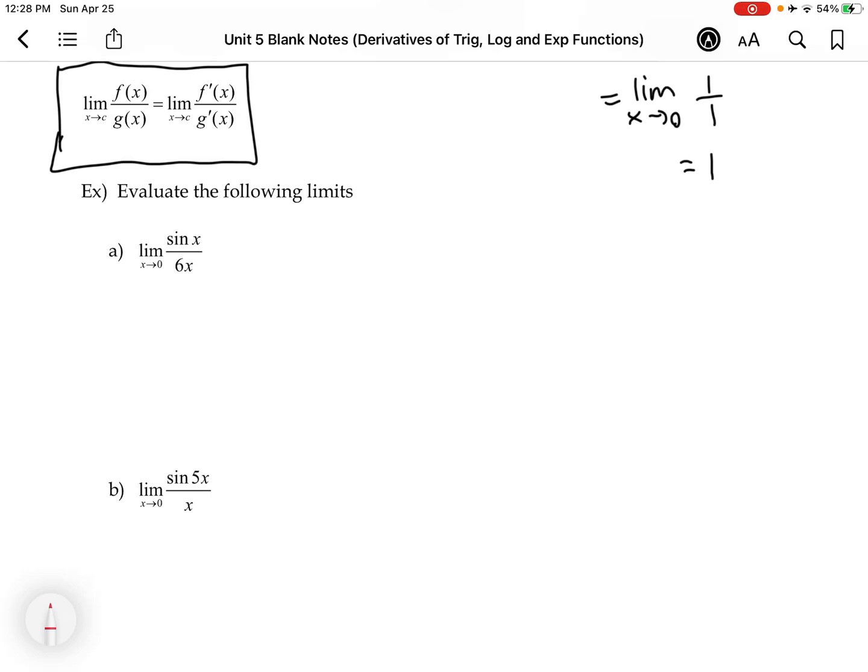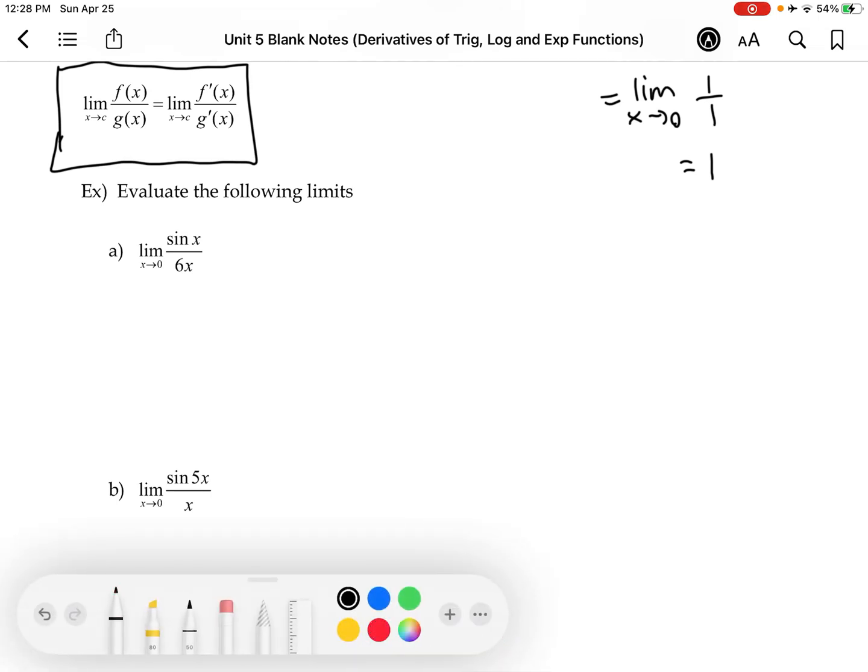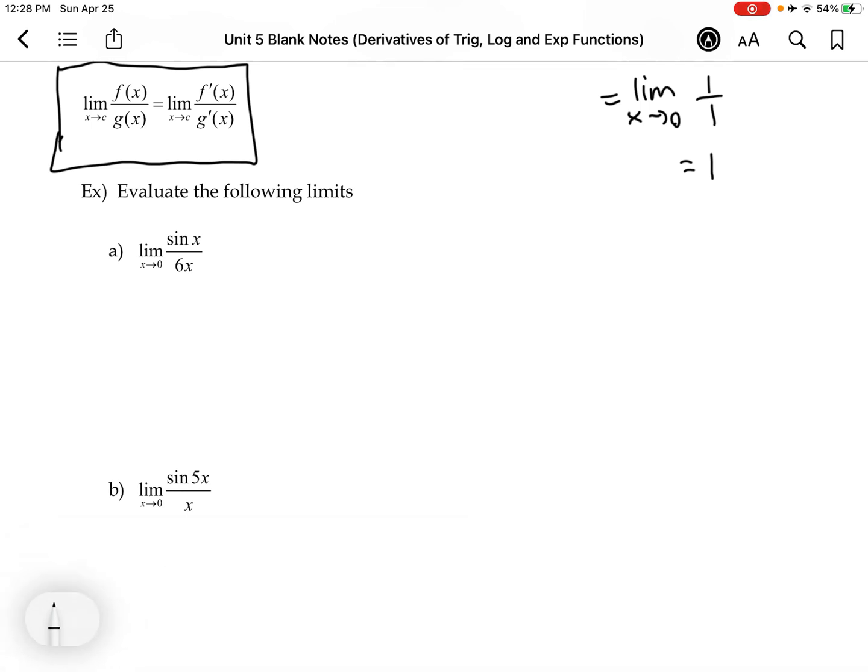Okay. So let's say we're looking at this first one. Okay, and we're looking at the limit as x approaches 0 of sine x over 6x. Well, what we can do is take the 6 out sort of as a coefficient and write this as the limit as x approaches 0 of 1 over 6 times sine x over x.